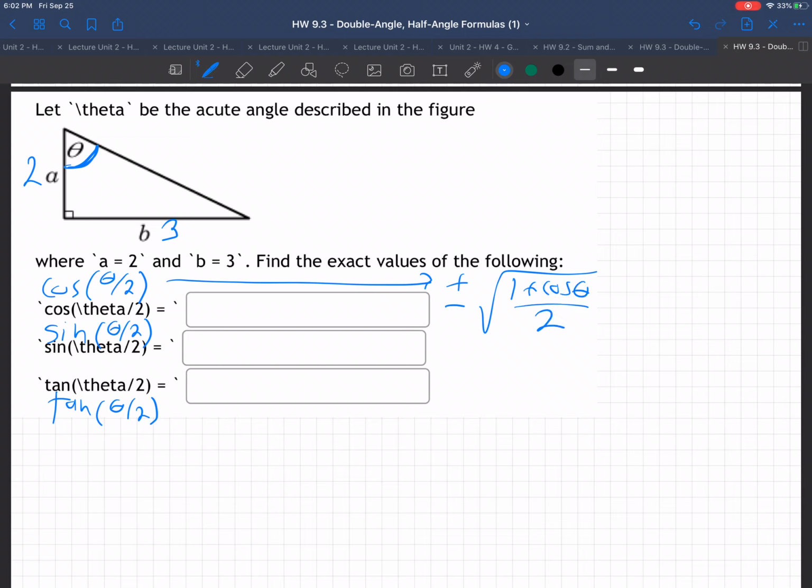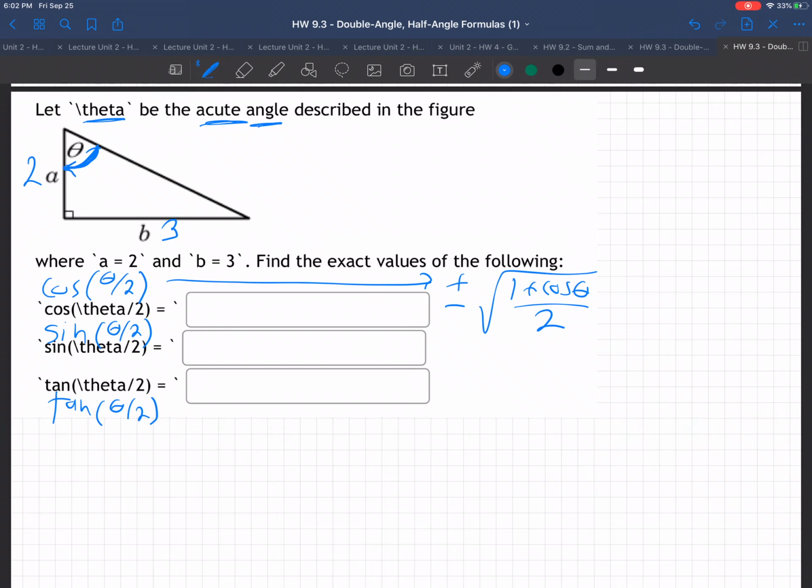Okay, now, what's with the plus or minus first off? Well, notice this is an acute angle. Theta is an acute angle, meaning it's less than 90. Clearly, because this angle has 90 right here. This angle is lower, a smaller opening. This opening here is a smaller opening than 90 degrees.